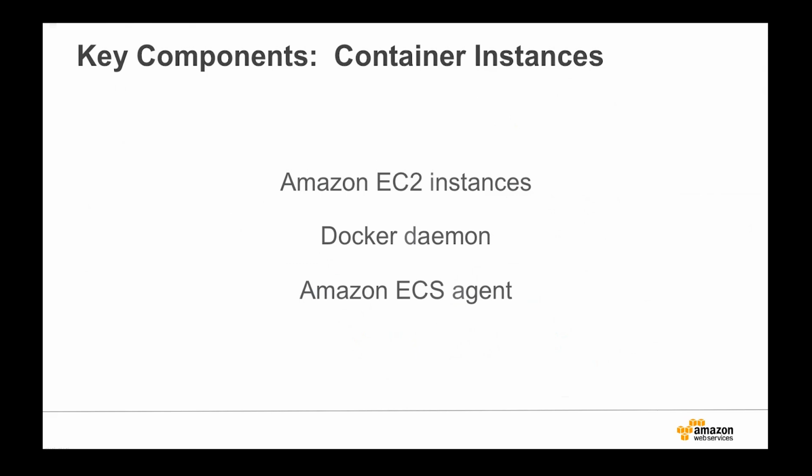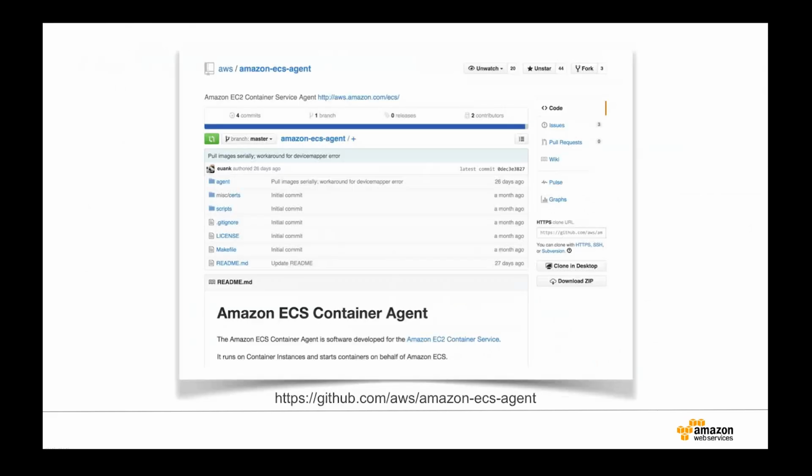We provide an Amazon Linux AMI that meets these criteria, but you can use another operating system as well. In fact, CoreOS supports EC2 container service natively right now, and our other partners are adding support as well. The Amazon EC2 container service agent, the ECS container agent, is a piece of Go code that we have open sourced.